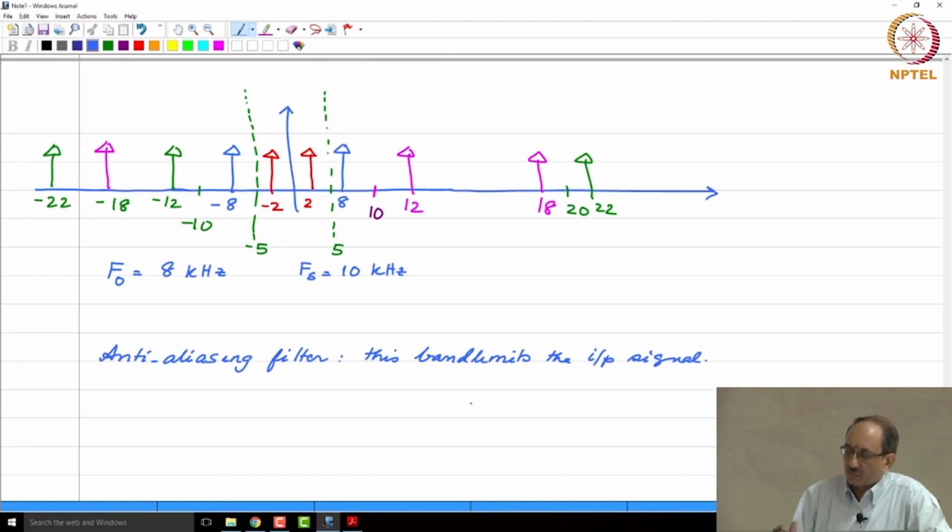Now, you have to compare this with a signal where you do not introduce this band limiting filter. If you sample, you are going to cause aliasing, because the signal is band unlimited to begin with. So, no matter what you do, you are going to distort the given signal. The question is, which is better?